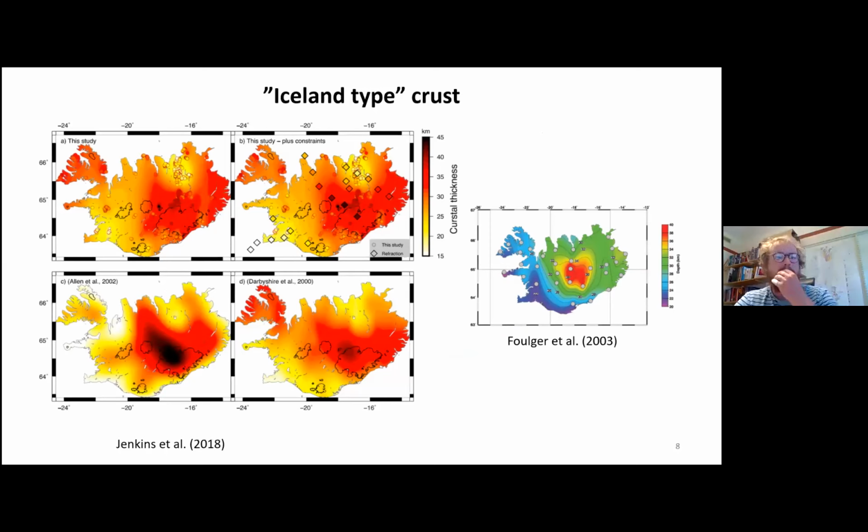These are studies from receiver functions, of different age and different data sets, different methodologies, showing the Moho depth. And there are some similarities as always. What is really the highlight here is that all of these are showing crust thicker than 40 kilometers, or at least 35 kilometers.